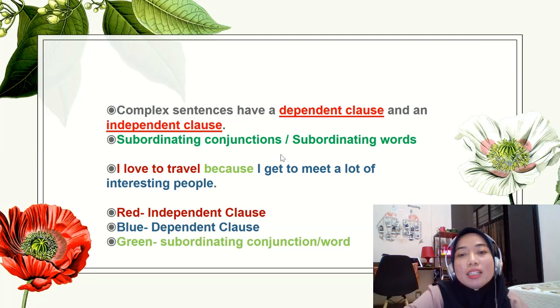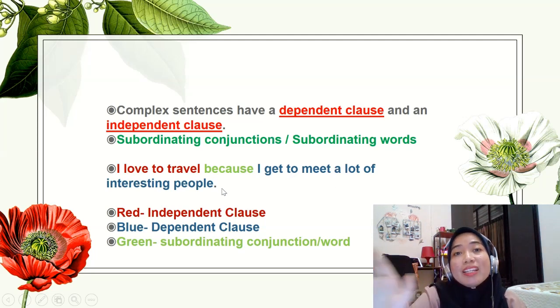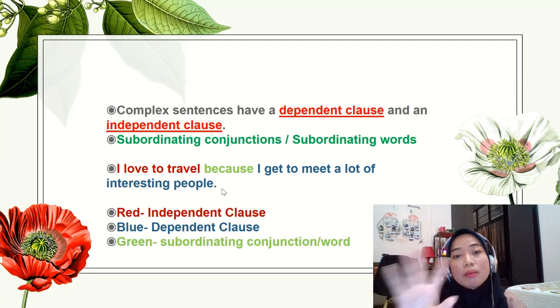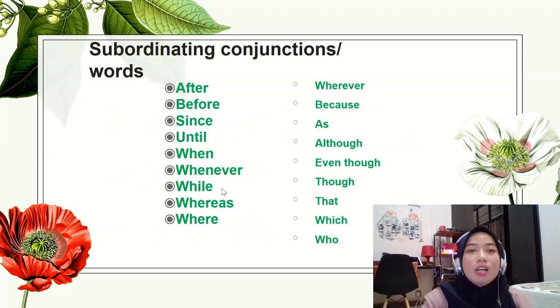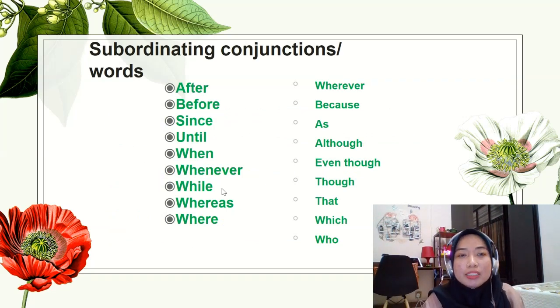But because I get to meet a lot of interesting people is the dependent clause. Because here is the subordinate conjunction. Because I get to meet a lot of interesting people is hanging. Okay?